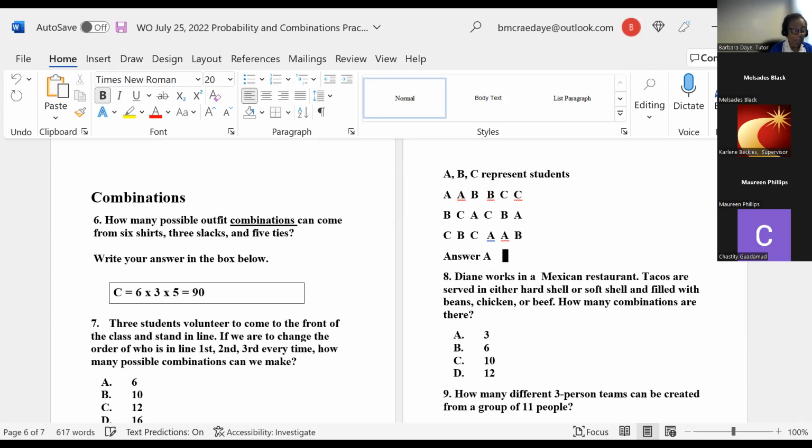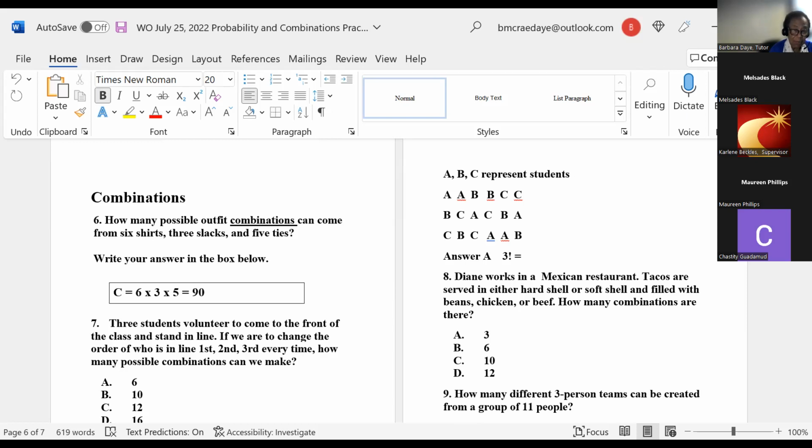Or you could have said 3 factorial, because you want them in order, and 3 is the total you have. So 3 factorial is equal to what? Remember how to do factorial, Maureen?